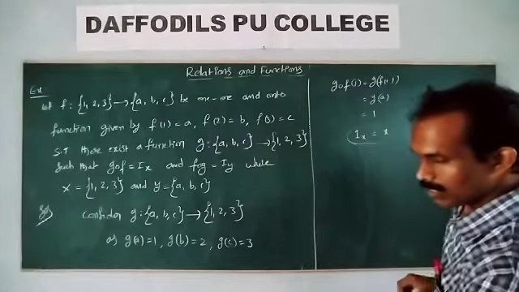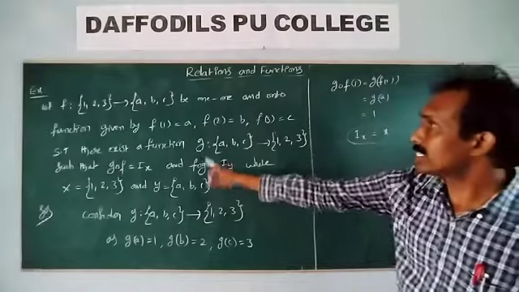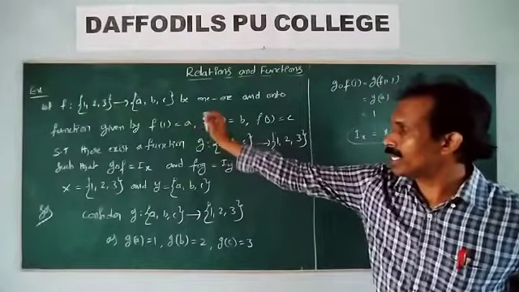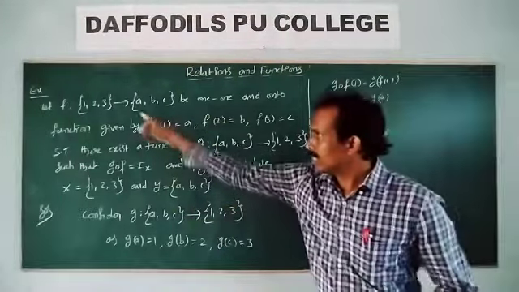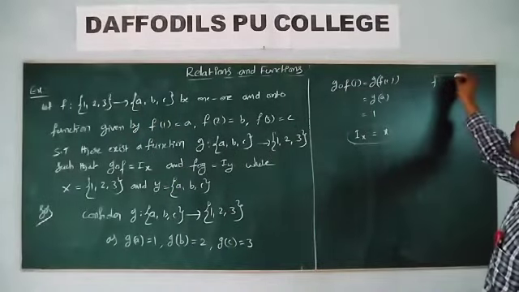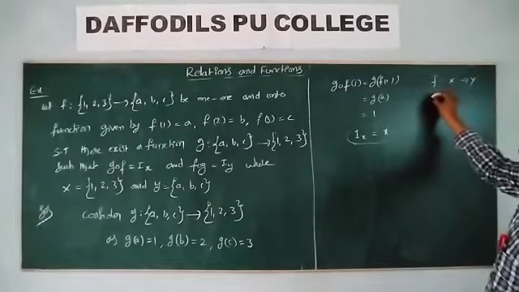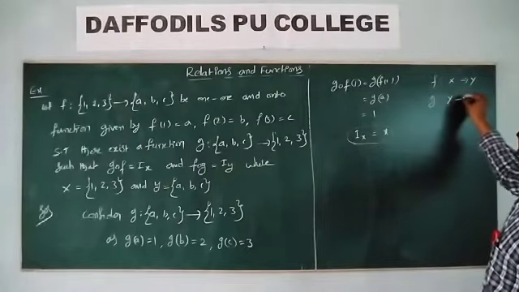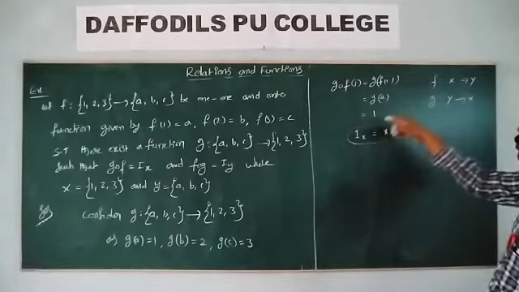So identity function, I of x is equal to x only. So like that, let the setting be X is equal to {1, 2, 3}, Y is equal to {A, B, C}. Here f maps X to Y, g maps Y to X. Finally, what do we get?